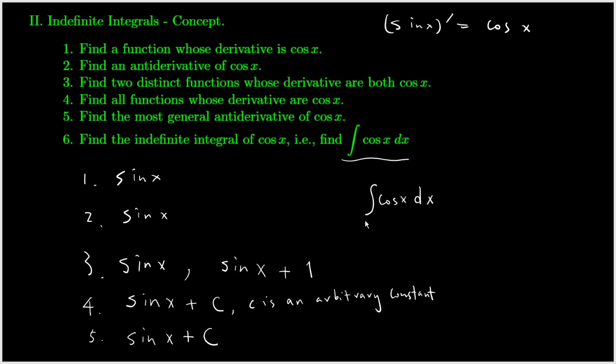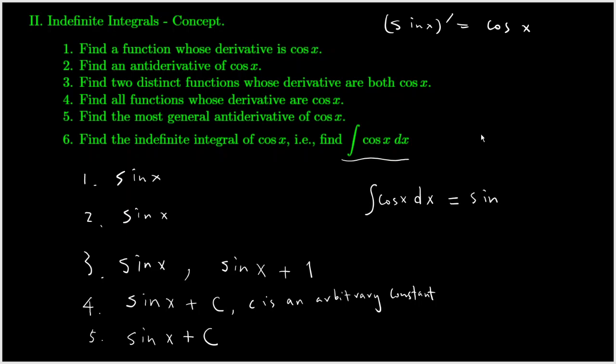I want to repeat the meaning. The notation on the screen, you look at the mouse cursor, is called the indefinite integral of cos of x. The meaning of the indefinite integral of cos of x is the most general form of the antiderivatives of cos of x. So the answer to that is equal to.